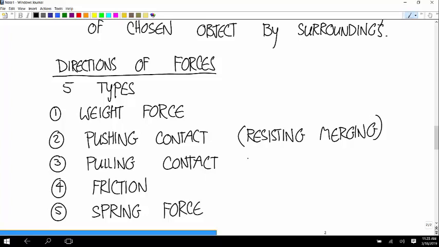Pulling contact, you can think of as resisting escape. The two objects are trying to get away from each other. And so we're going to just go through all these one by one.